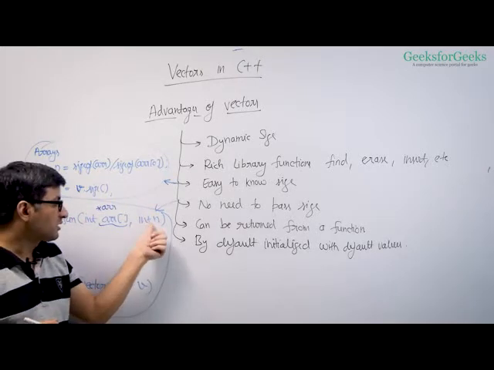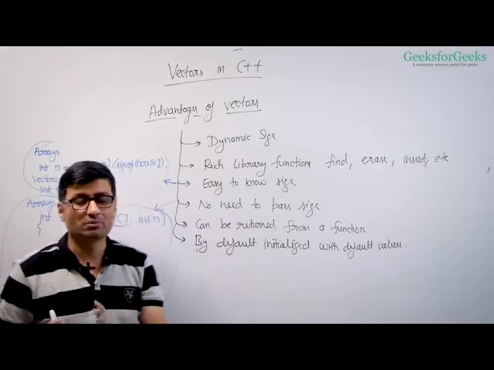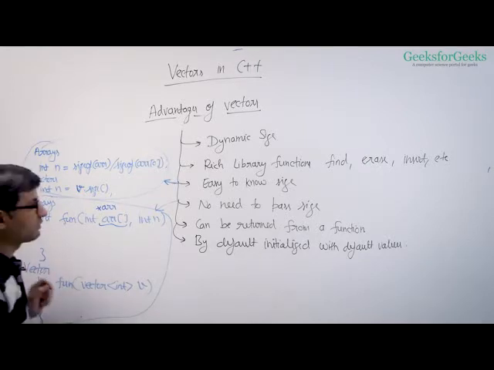So you must pass n as a parameter if you are using normal arrays, but that is not required in case of vectors. Vectors are actually objects of the vector class, so they have size inside them, and you can just use v.size() inside any function to know the size of the vector.